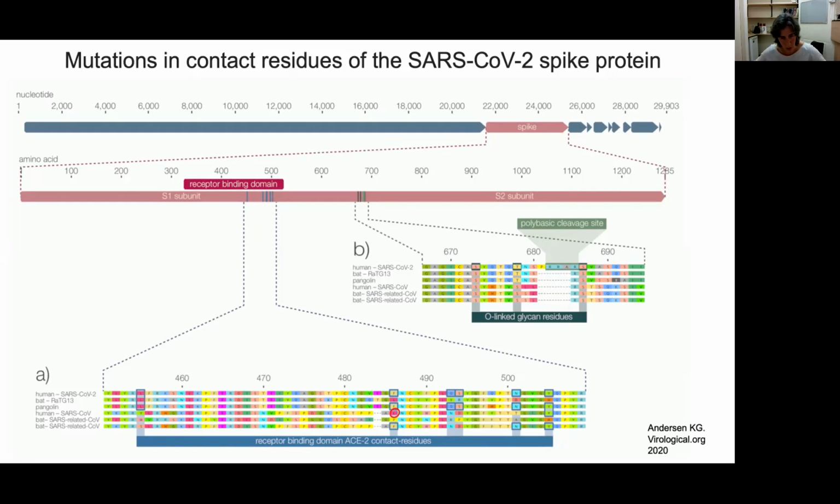But when they look at the whole virus, despite this high homology in the receptor binding domain, the homology along the virus itself is lower than the bat virus. So that's why this issue was questioned.